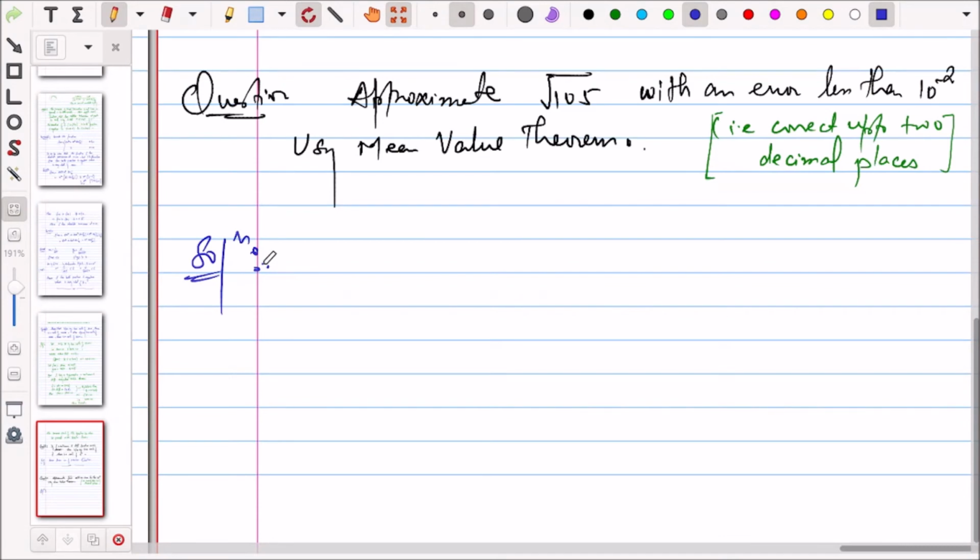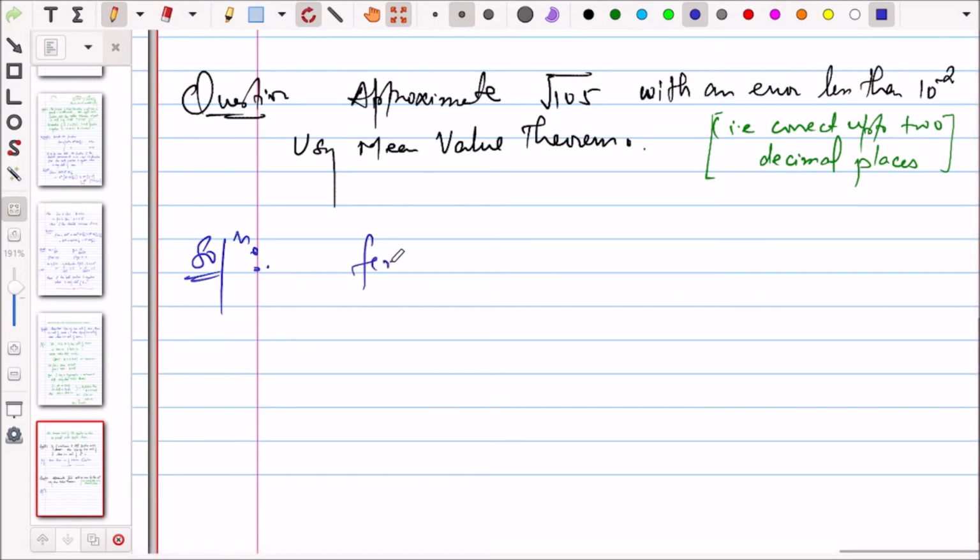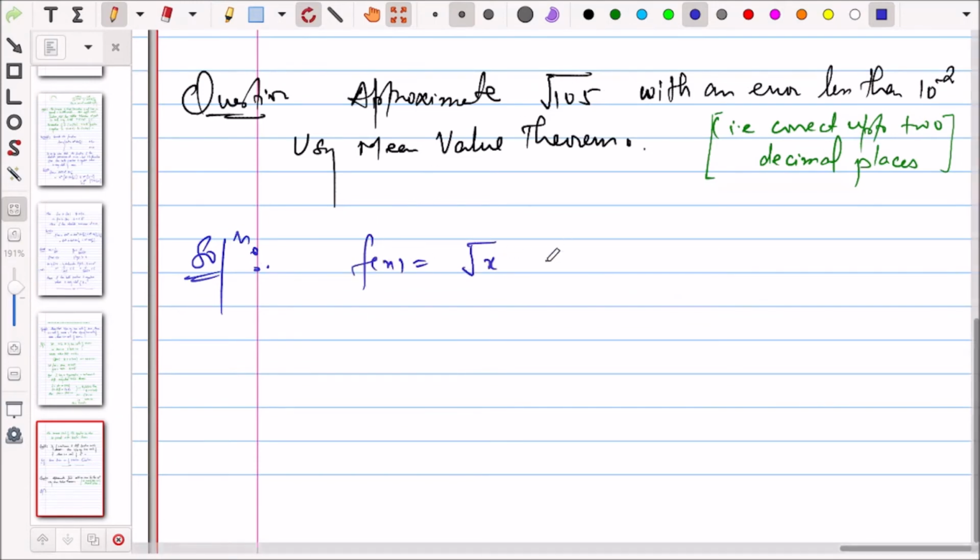Okay, so what we will do is we will take the function. What function will we have to take? Since this is a root, we will take f(x) equal to root x for all x belonging to R positive, right? This is defined on positive real numbers, root x, yes, or non-negative real numbers, we can take 0 also. Is it fine?